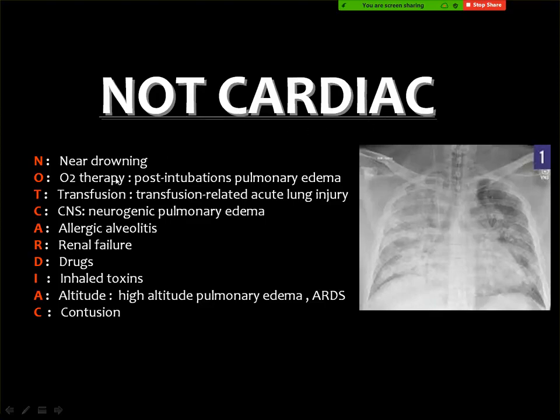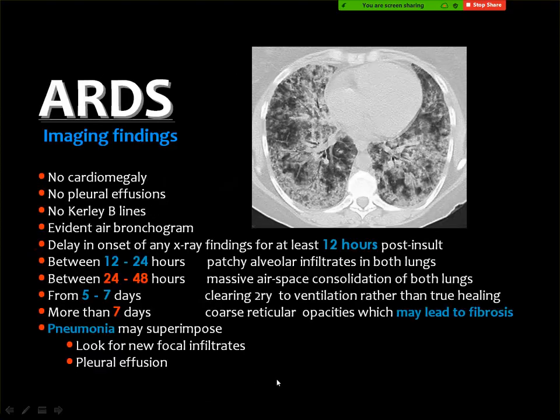Near drowning, oxygen therapy, blood transfusion, neurogenic pulmonary edema, allergic alveolitis, renal failure, drugs, inhaled toxins, altitude, and pulmonary contusion.